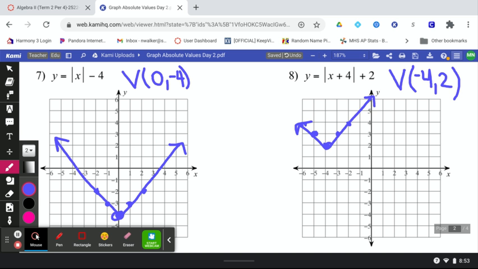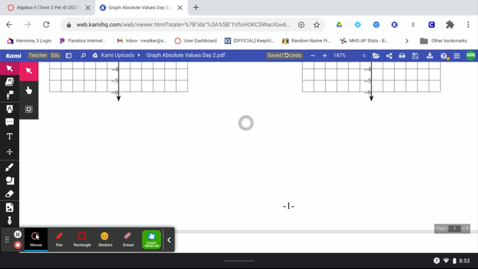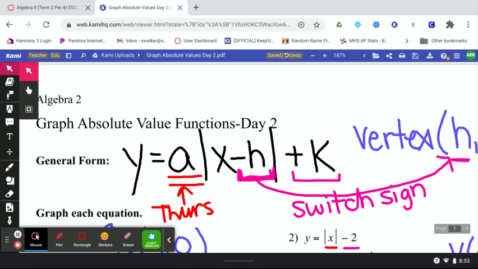So tomorrow we are going to add, if we wrote that general form and I said that there would be a number, we would wait until Thursday. So everything today was up 1 over 1 because that A value was 1. If you don't have a number, you can put a 1 in front of x.